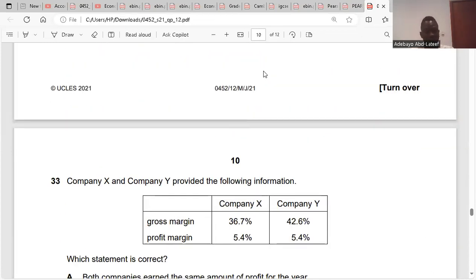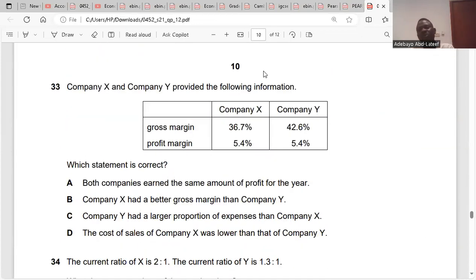Question 33. Companies X and Y provided the following information: gross profit margin for X and Y. Company Y has more gross profit margin than company X. That should mean that the profit margin for company Y should be more than company X. Do you get it? But if the profit margins are now the same, it means company Y is having more expenses.